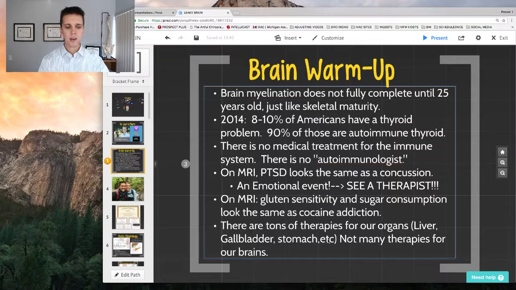There are tons of therapies for our organs, our liver, our gallbladder, our stomach, and unfortunately a lot of the time your surgeon will just recommend taking it out. But there are not many therapies for our brain. When you look at degeneration, dementia, Alzheimer's, there's not a whole lot of concrete therapies out there.